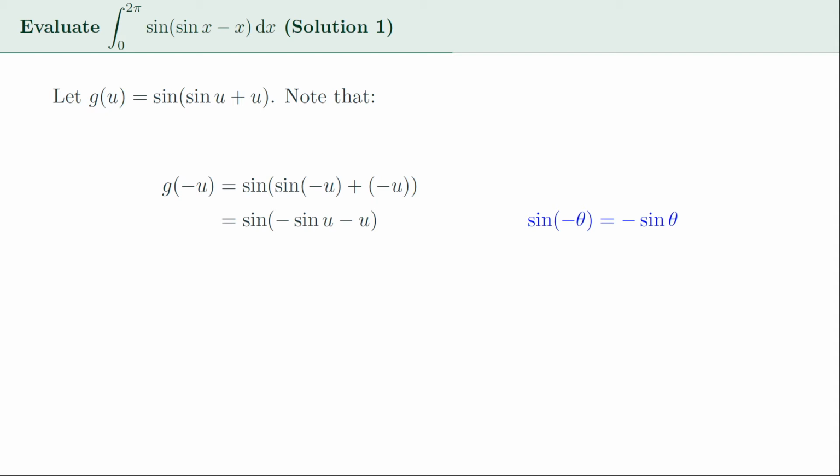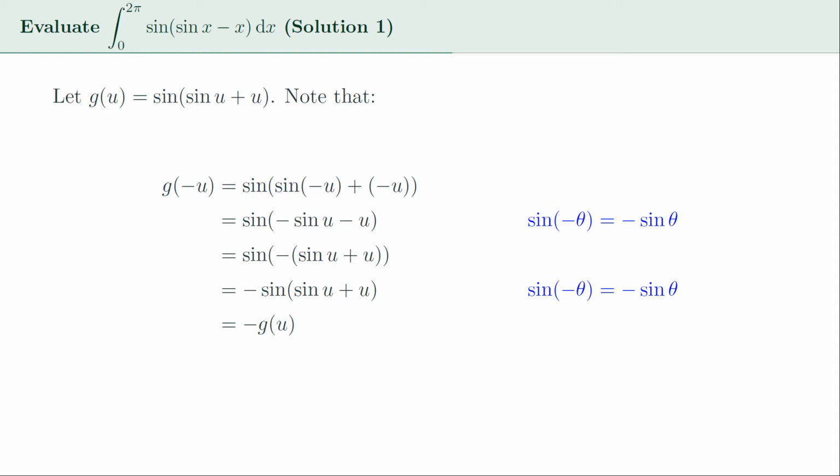If I factor out the negative in the argument of the sine, that's negative of the quantity sine u plus u. Using again the property of sine, that becomes negative of sine of sine u plus u, which is negative g of u.